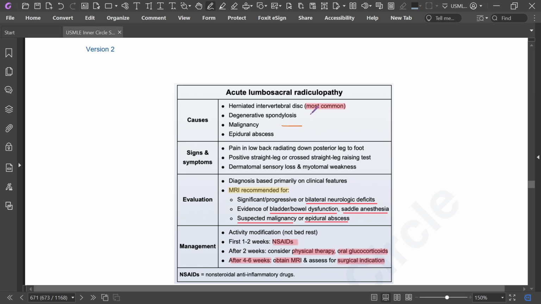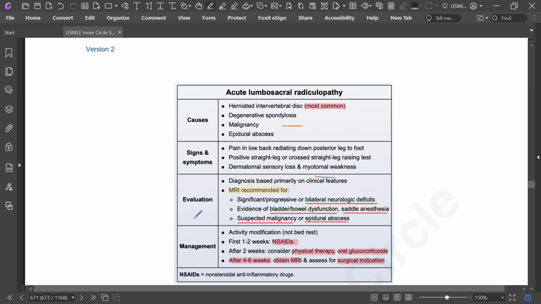There is dermatomal sensory loss or myotomal weakness. Diagnosis is based primarily on clinical features, and MRI is recommended if there is any bilateral neurological deficit, bowel or bladder dysfunction, saddle anesthesia, or suspected malignancy or epidural abscess.